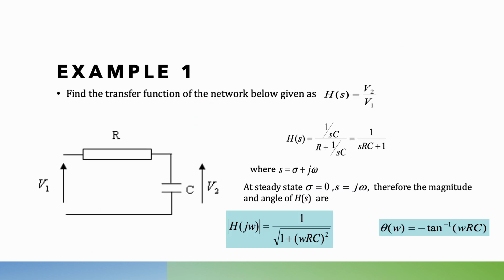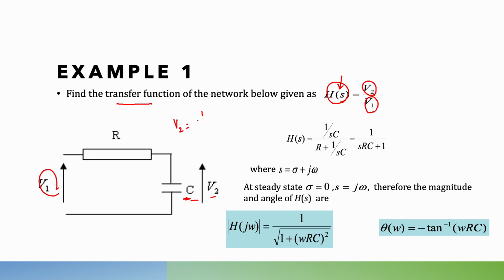Next, let's look at example number 1. Find the transfer function of the network below, given as H(s), meaning we need to find it in the S domain. H(s) is equal to V2, which is the voltage at the capacitor, divided by V1, which is the voltage from the source. We learned in circuit analysis applications in chapter 4, Laplace transform applications, how to find the voltage at the capacitor.